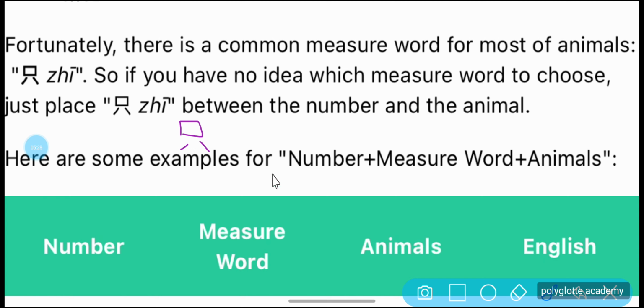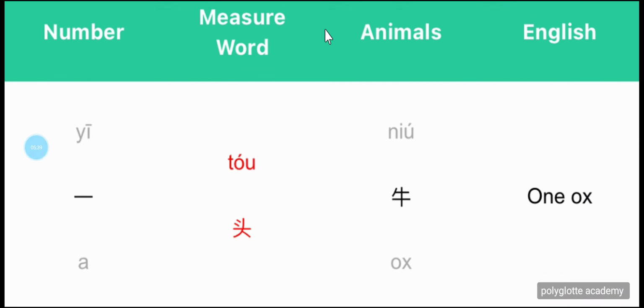Here are some examples for number plus measure word plus animals.